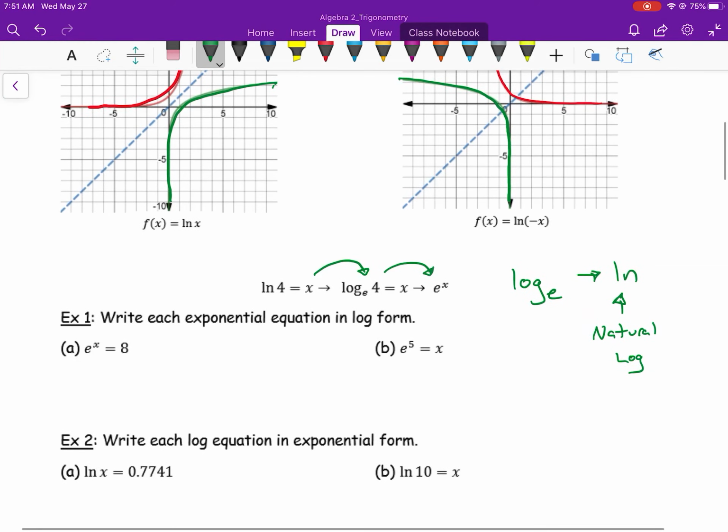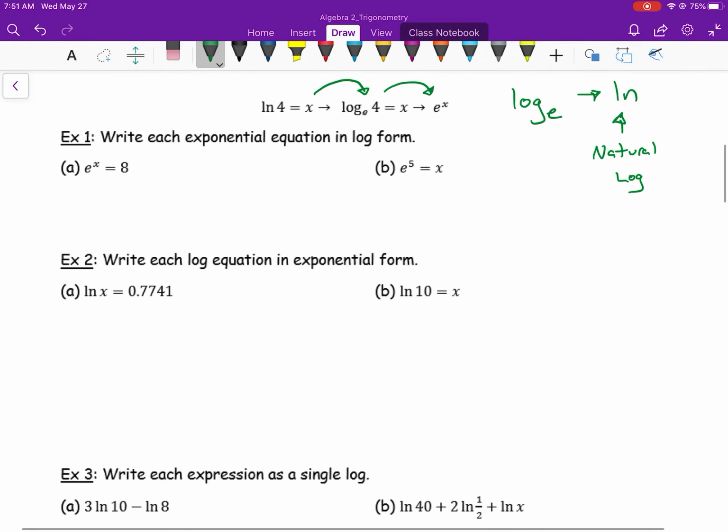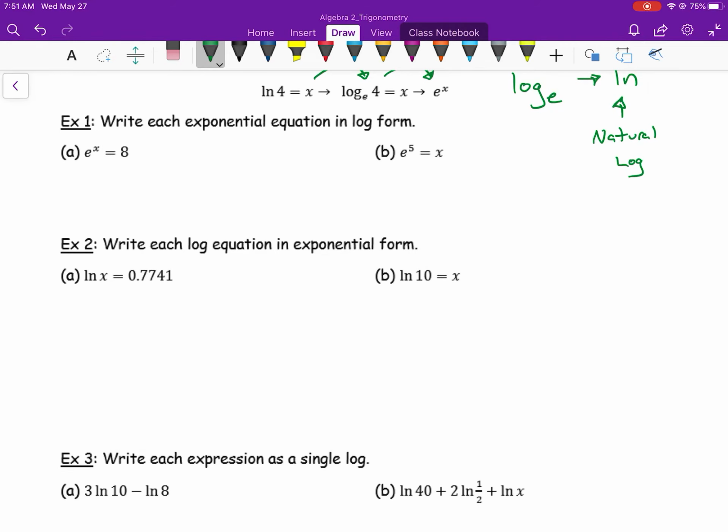Alright, so we're going to write each exponential function in log form, example 1. In A, we have e to the x equals 8. Remember, we have y equals b to the x, and this can go back and forth to log base b of y equals x. This is what we started learning at the beginning of the unit, and it's just going to continue on.